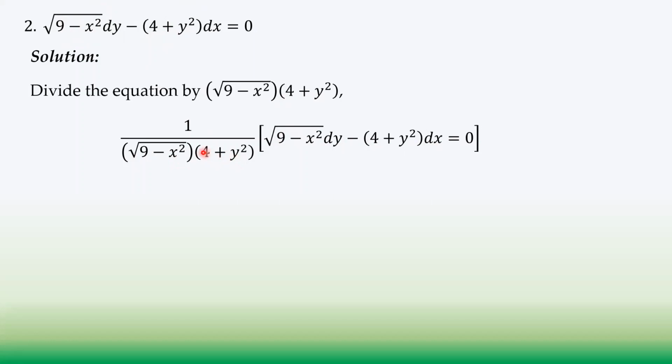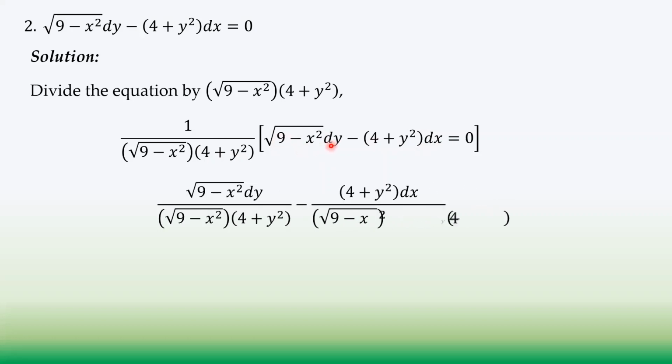Okay, multiply natin. First term muna, sa second term. So, square root of 9 minus x squared dy over square root of 9 minus x squared times the quantity 4 plus y squared minus, that's my second term, 4 plus y squared dx divided by square root of 9 minus x squared times the quantity 4 plus y squared equals 0.